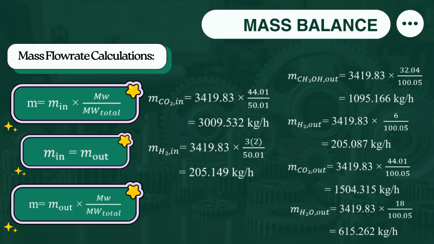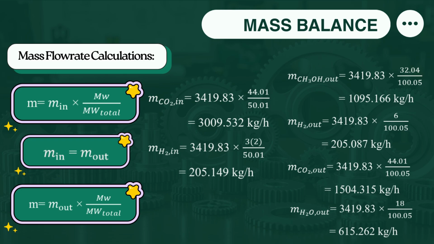From the calculations here, it is shown that the mass flow rate of the carbon dioxide in is 3009.532 kilograms per hour, and the hydrogen gas is 205.149 kilograms per hour.